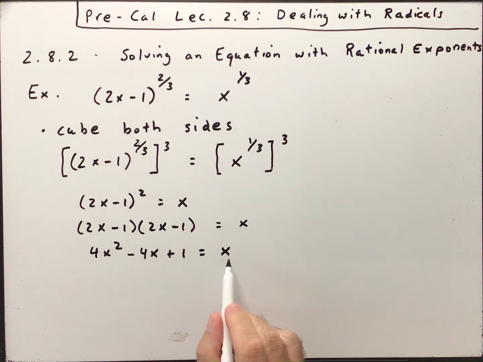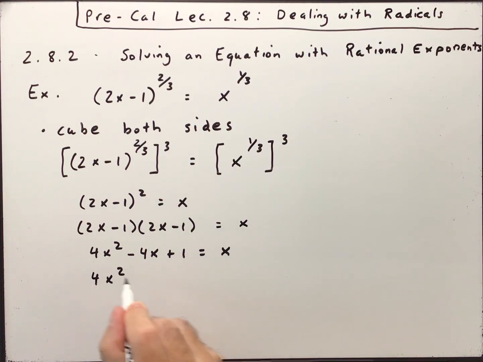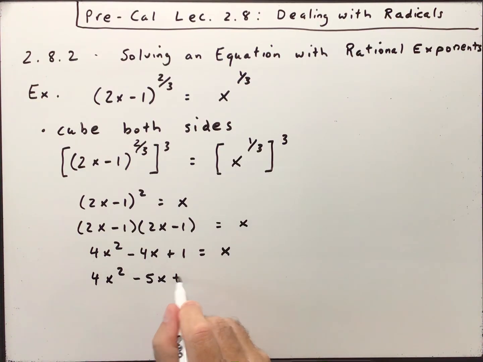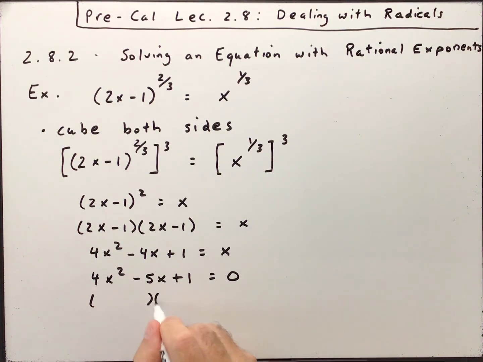I want to set that equal to 0, so let's move the x over here. So I've got 4x squared, and that would make it a -5x, right? Because I'm subtracting x from both sides. +1 equals 0. Let's see if we can factor this. So 1 is easy, so I'm going to go ahead and put it in, prime number, 1 and 1. So it's either going to be 4 and 1, or 2 and 2.